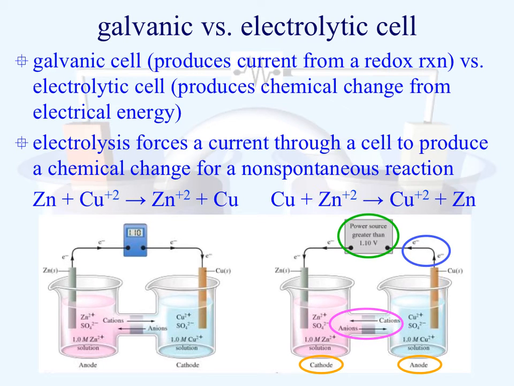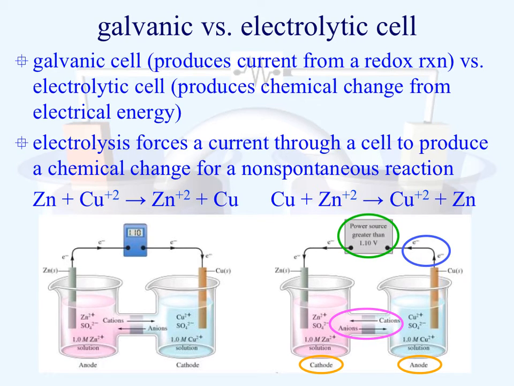We know that going from zinc solid to zinc plus 2 in the presence of copper plus 2 ions produces a current. This is a spontaneous process. Now, to reverse this process, to go back to zinc and copper plus 2 ion, we have to add electrical energy, and we have to do so with a power source that's greater than 1.10 volts.